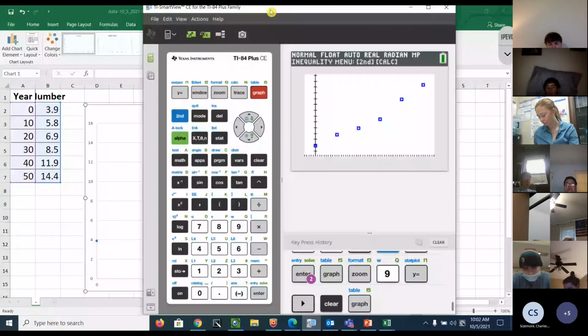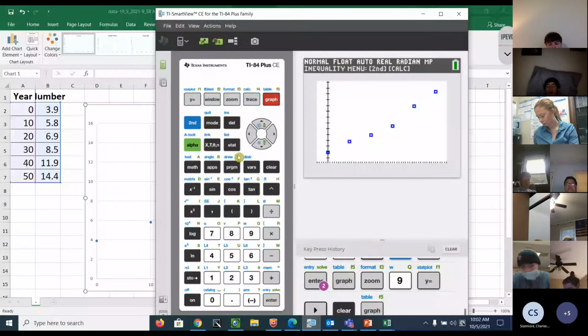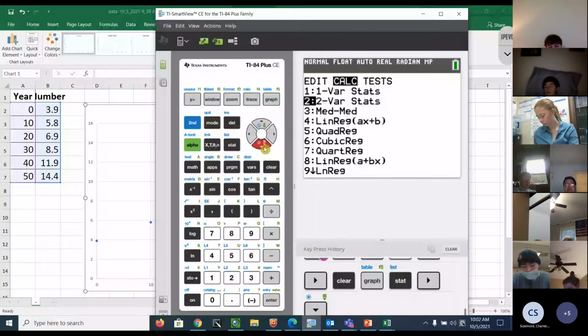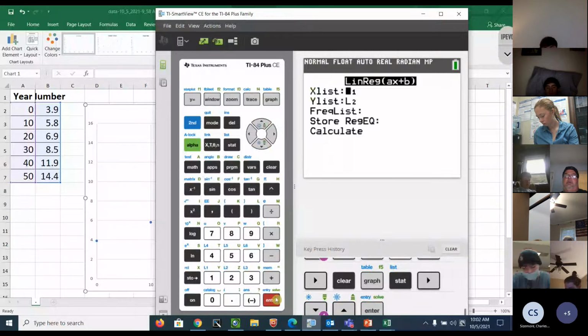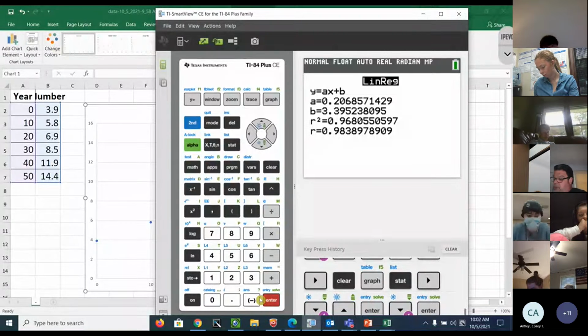Now, if I want to find the linear regression line in my calculator, I go to Stat, Calculate, Linear Regression. Excuse me. And go to Calculate. And that gives me a linear regression of y equals 0.2069x plus 3.3952, and r is equal to 0.98.